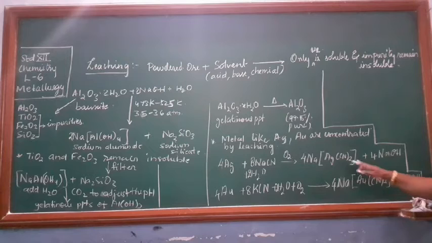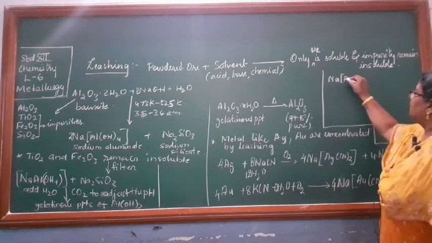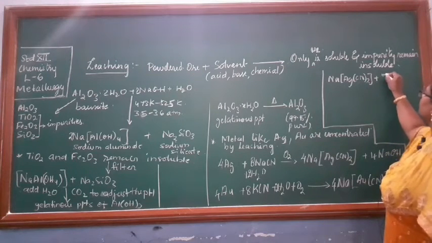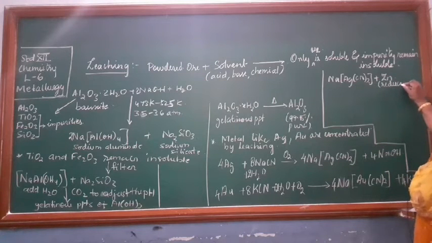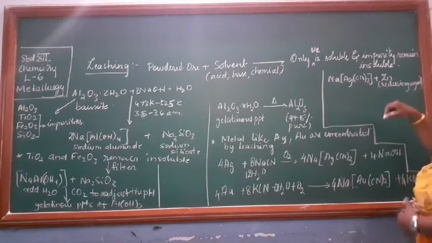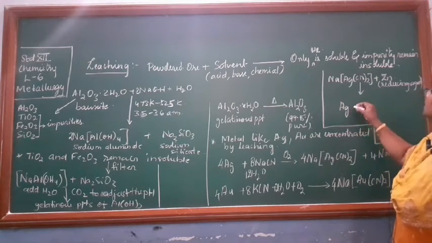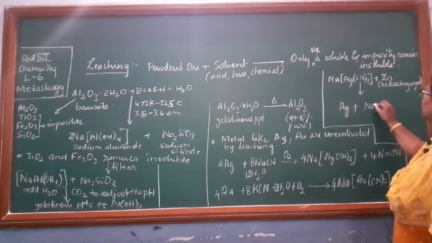Having made the complex, now this complex is decomposed. You treat Na[Ag(CN)2] with a reducing agent, here the reducing agent is Zn, and you obtain Ag in the elemental form.